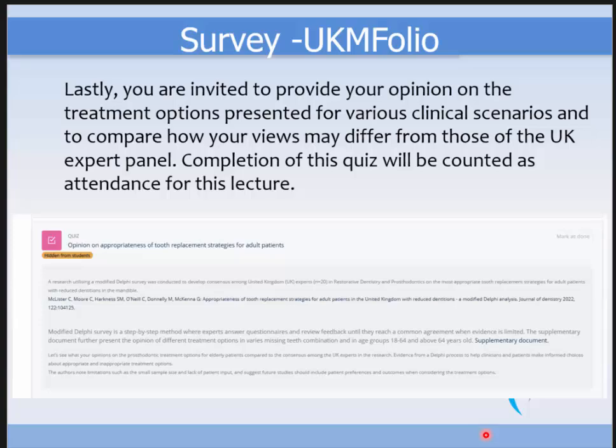If the median score is among 1, 2, 3, 4, it is under the inappropriate category, even though they have not reached a consensus above 70%. So if the median score falls between 1 to 4, you can roughly guess that more experts think the treatment option is inappropriate.